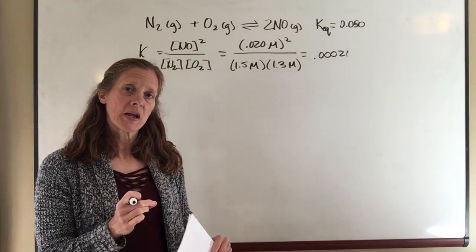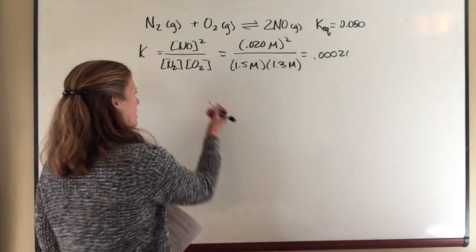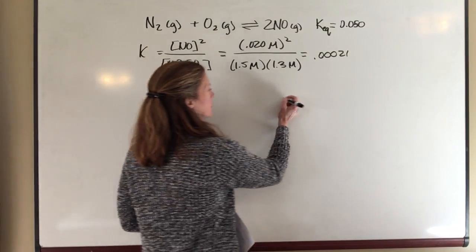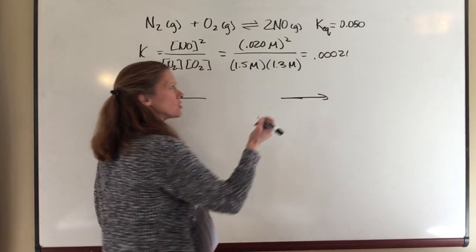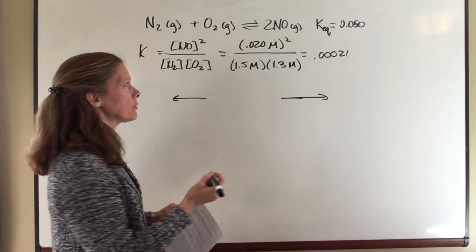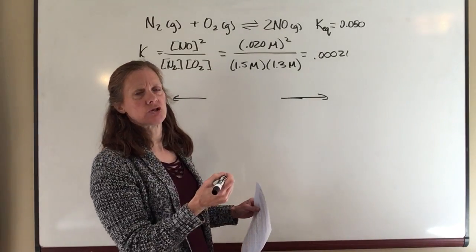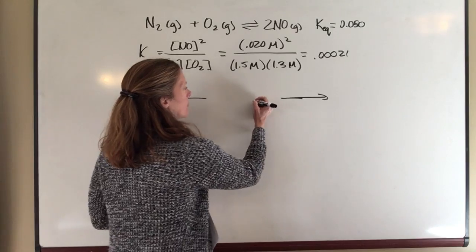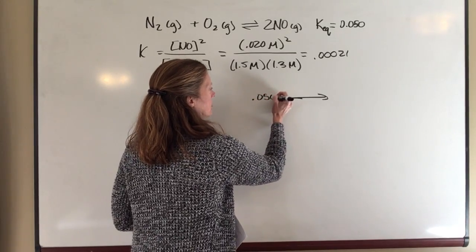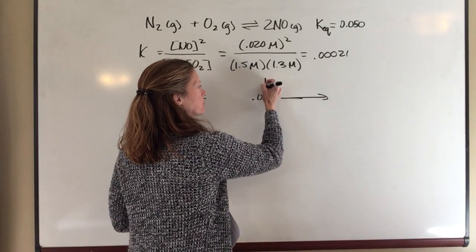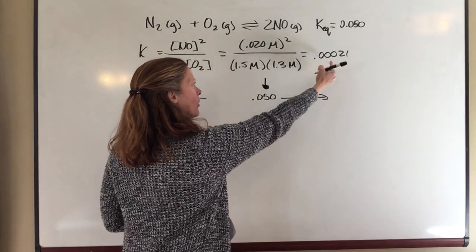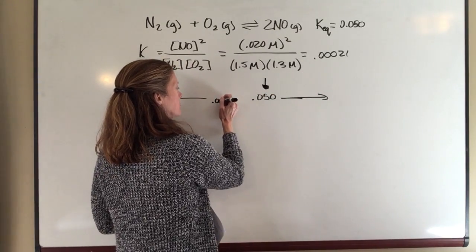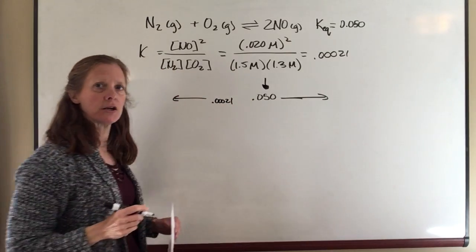So the easiest way to figure this out is to pretend that you have a number line. And so if you plot those two numbers on the number line, just in a general location, we're not going to be super exact about this. The 0.05 would be here. This is what I'm trying to reach. The 0.00021 is much less than that, so it's going to be down here.